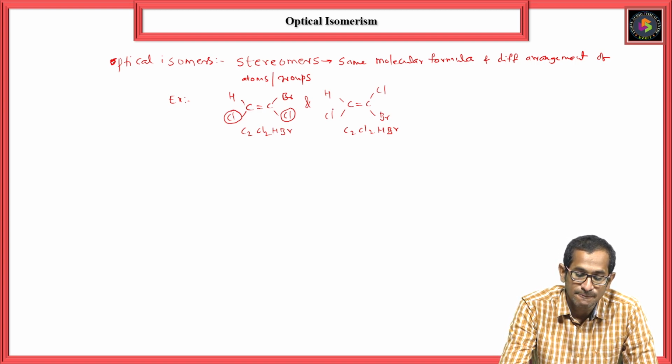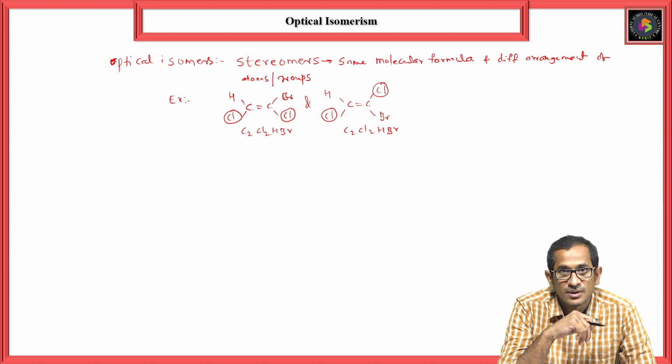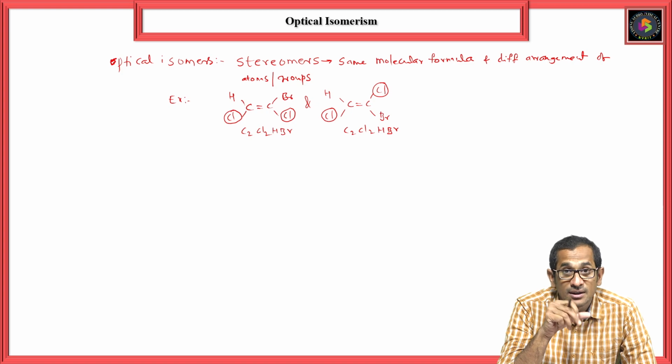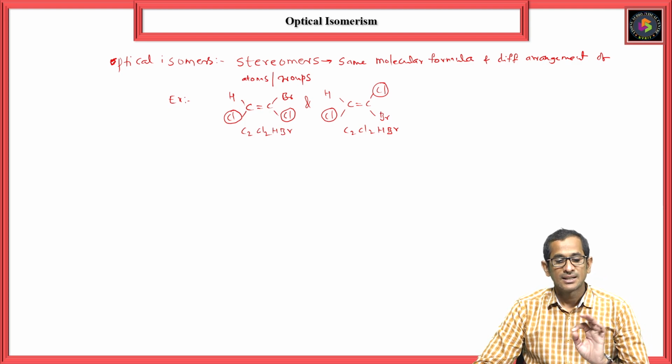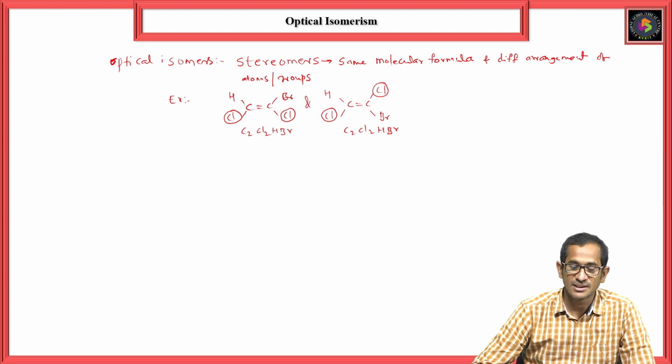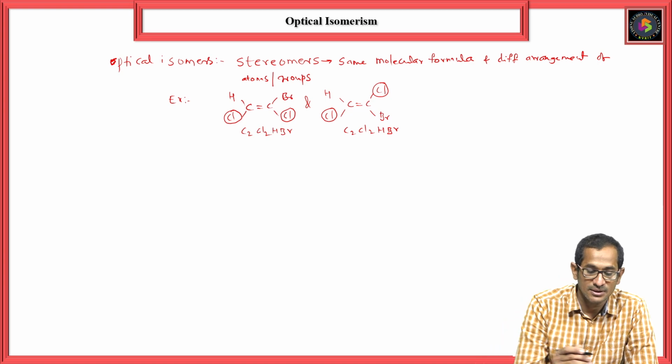Coming to the second one, the chlorine atoms are on opposite sides of the double bond. Such isomers are called stereomers. That is the definition of stereomers.